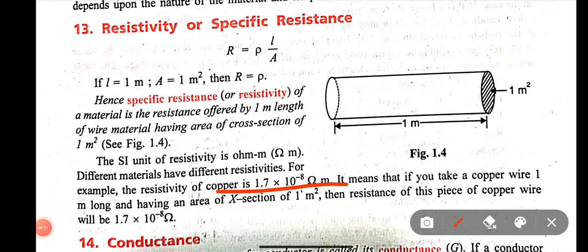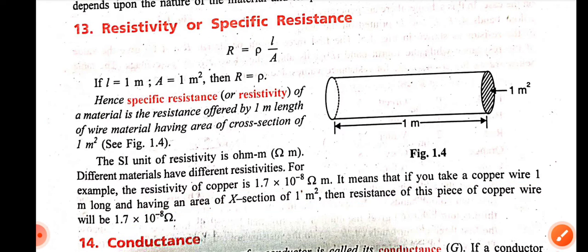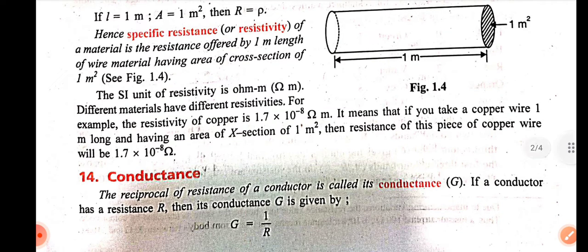Resistivity of copper means if you take a copper wire of 1 meter long and a cross-section area of 1 meter square, the resistance of that piece of wire is 1.7 × 10^-8 ohm meter. This is known as specific resistance.